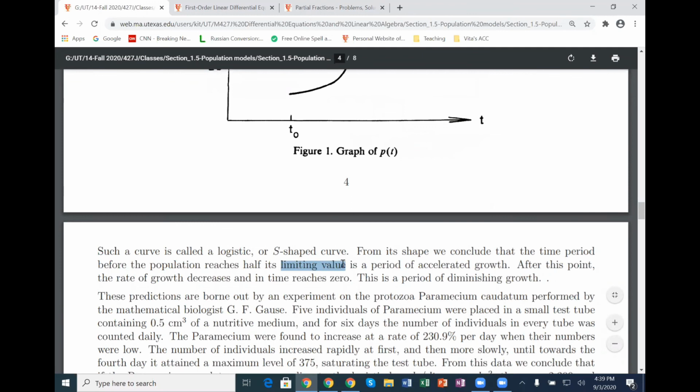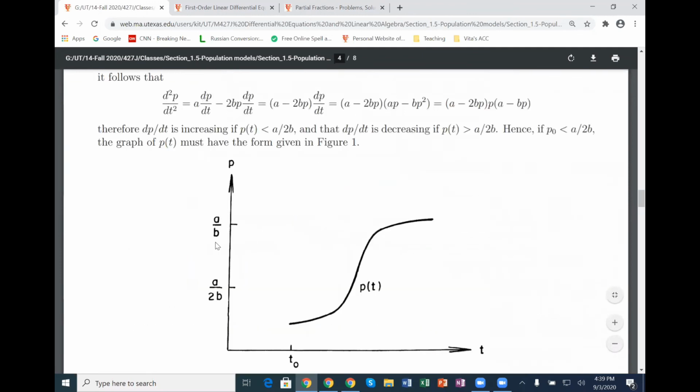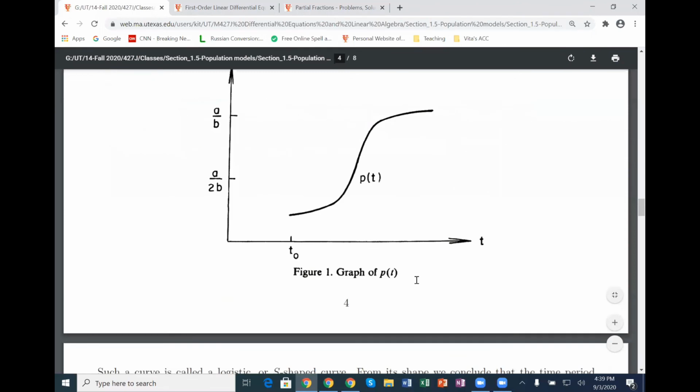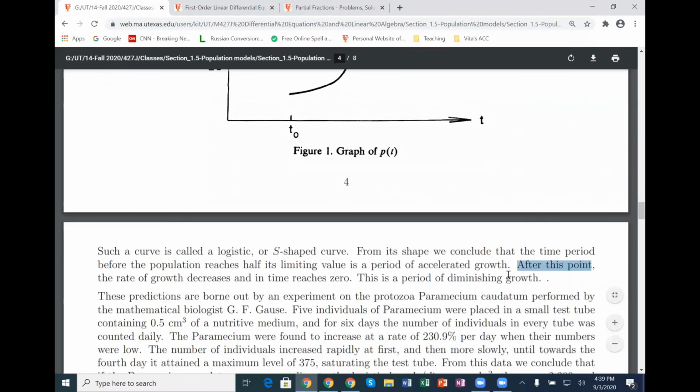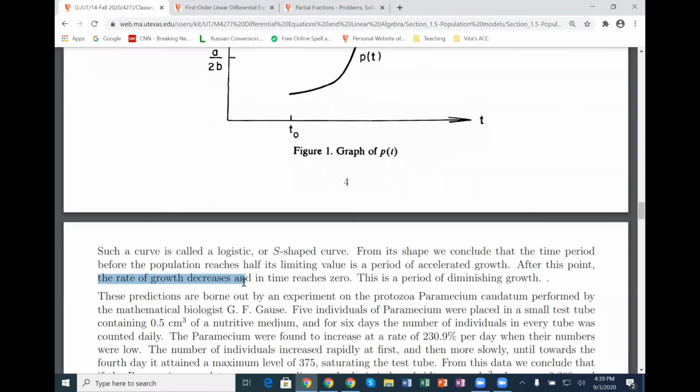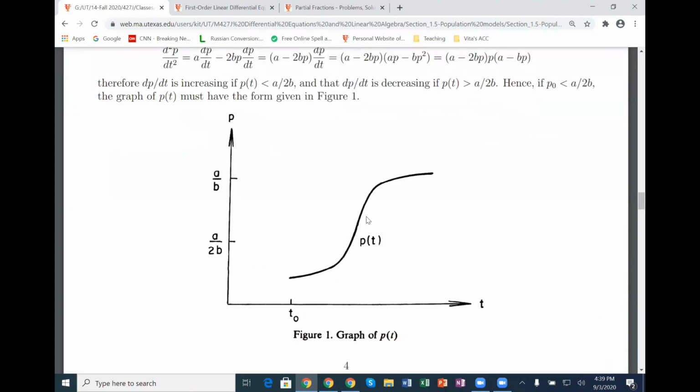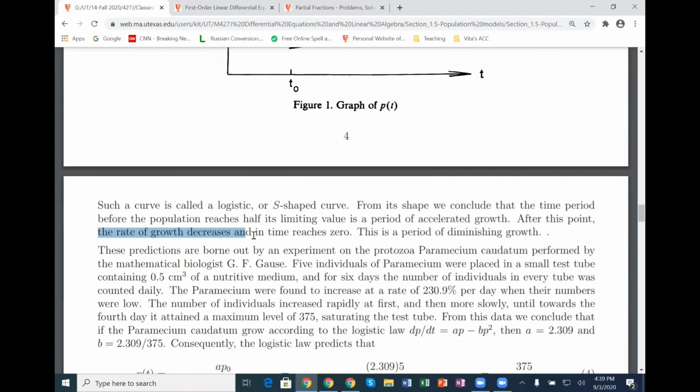A limiting value is A over B. Half of limiting value is A over 2B. Here we have accelerated growth. After this point, the rate of growth decreases. The function is concave down and in time reaches 0.